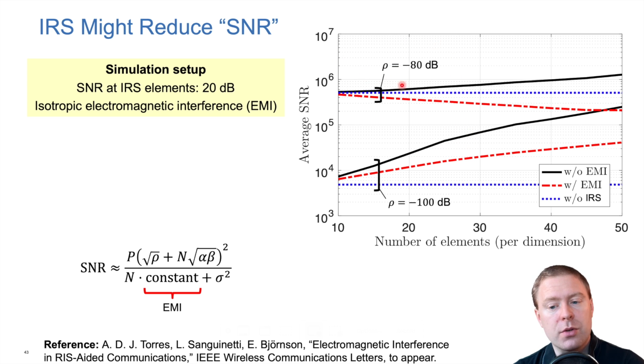However, if we have a rather strong direct path, it's not that strong still, but it might be dominating over the reflected path for a while, then when we increase the number of elements and have no EMI, we get a black curve that is increasing. If we have no IRS, we have a blue curve. But if we have an IRS and this EMI, we see that the SNR is actually going down as we add more elements.